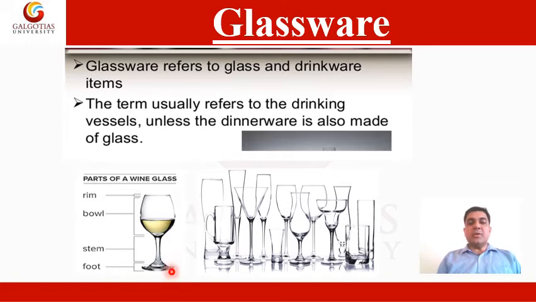This kind of glassware has a stem. I'm not saying every glass has a stem, as you can see in the examples in front of you, but whenever this kind of structure comes in a glass, that's called the stem. And last but not least, the foot on which the glass is standing. So you can divide the glass into four major parts. For any kind of glass, the stem may or may not be there, but the rim, bowl and foot would definitely be there. So you should know about glassware first, and secondly the parts of the glasses. Easy to remember? Let's move ahead.